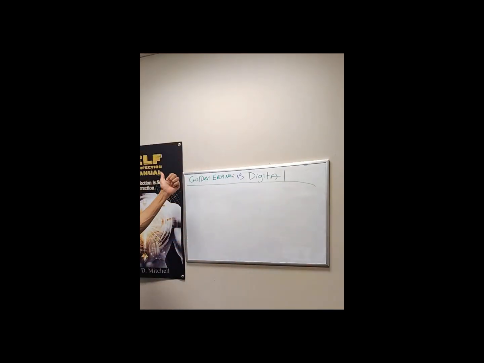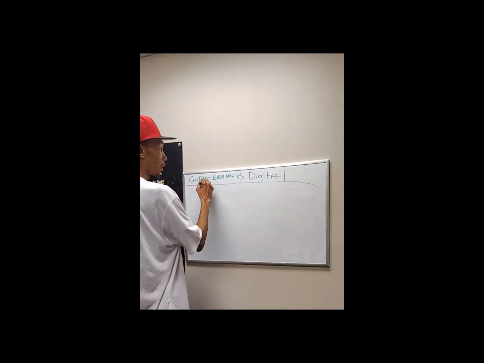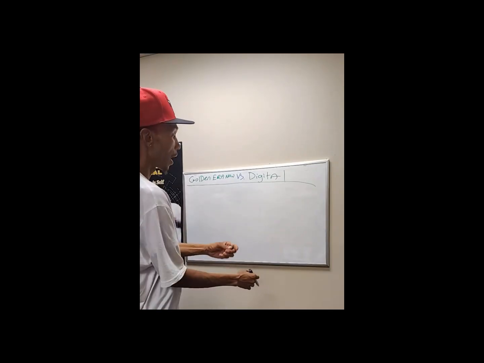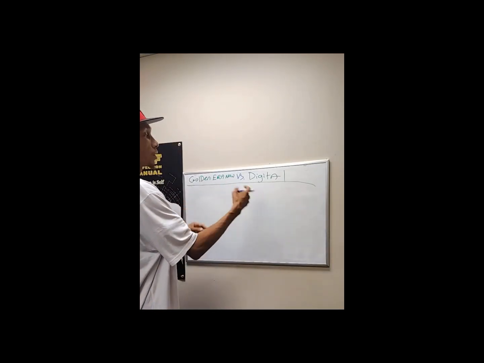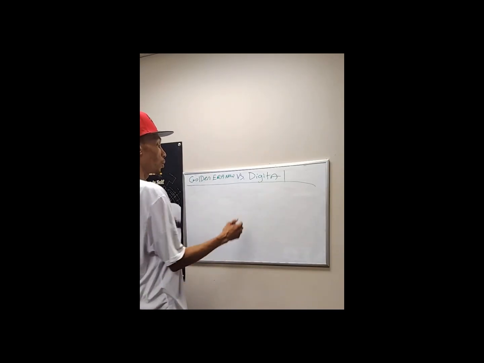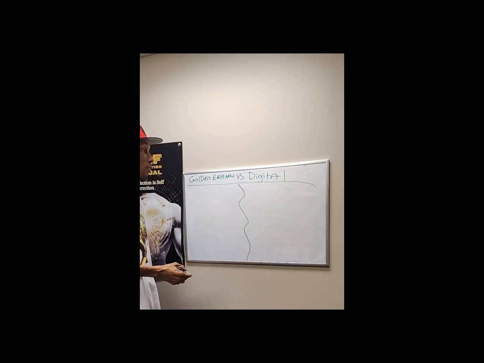So we went through what the golden era takes to make the production. We went through what the digital times brought to us and how you produce that way. So now what we're gonna do is, I ain't gonna say whether one is good or better or bad or worse. I'm gonna let you be able to decide that.